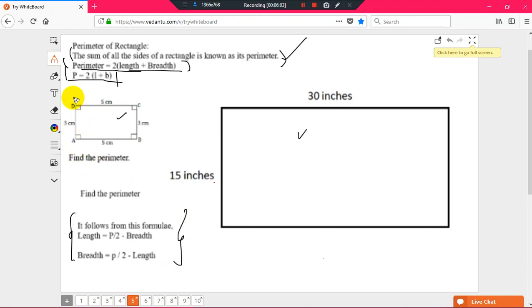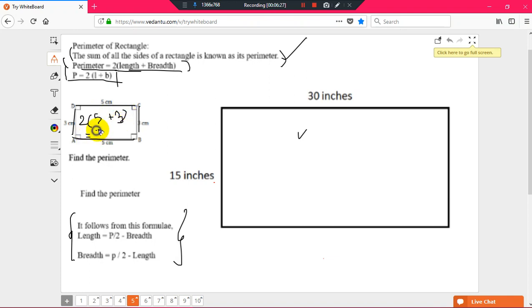Let's start with this one. We know that a rectangle has opposite sides equal. So of course it will be 5, 5, 3, 3. So the perimeter will be 2 into 5 plus 3. Instead of L and B, we put 5 plus 3.